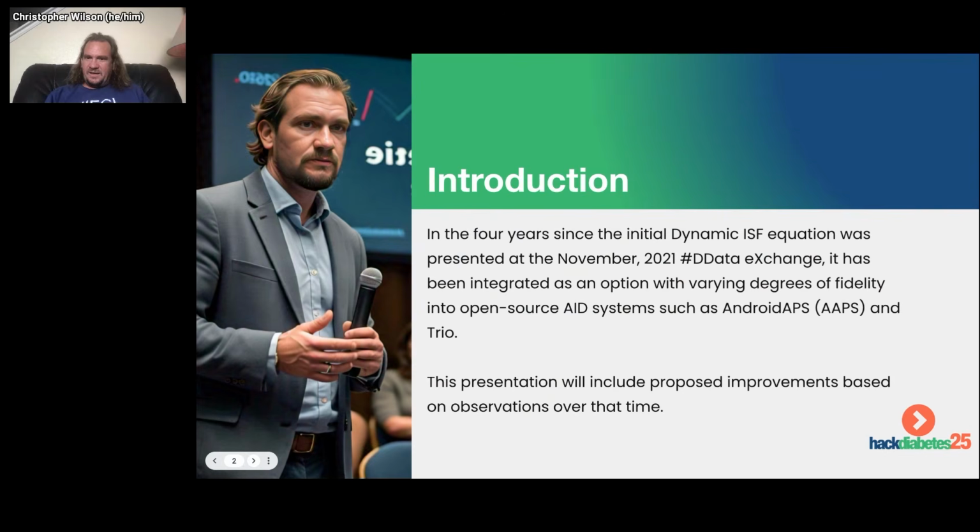And so I'm going to go through what I've seen, some of the work that I've done on trying to find new equations that are better fits, and also some additional proposed improvements towards automating some settings that I've seen over the last 4 years or so. Next slide.